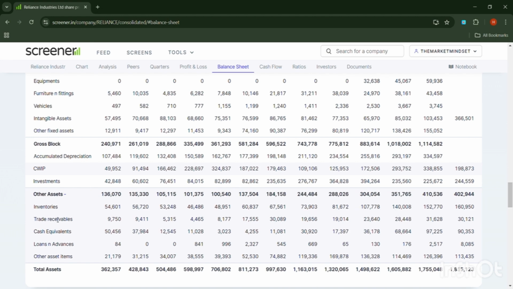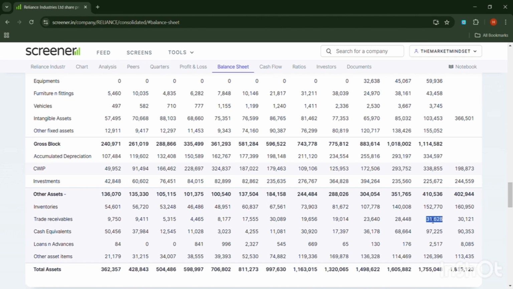Next comes the trade receivables. Trade receivables is basically the money owed to the company by its customers for goods or services that the company has sold on credit. Ideally, a company should maintain receivables that grow proportionately with its sales. A sharp rise could indicate delays in customer payments.